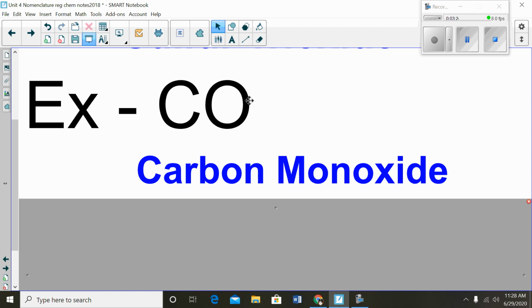Oxygen becomes oxide, and just notice the slight name change here. I know it would be mono and oxide together, but you really don't see monooxide written anywhere. So if you have those two O's next to each other, you just cut off one of the O's. So this becomes carbon monoxide. The mono is because there's only one oxygen, and you do indicate that for the second nonmetal. So this is carbon monoxide.